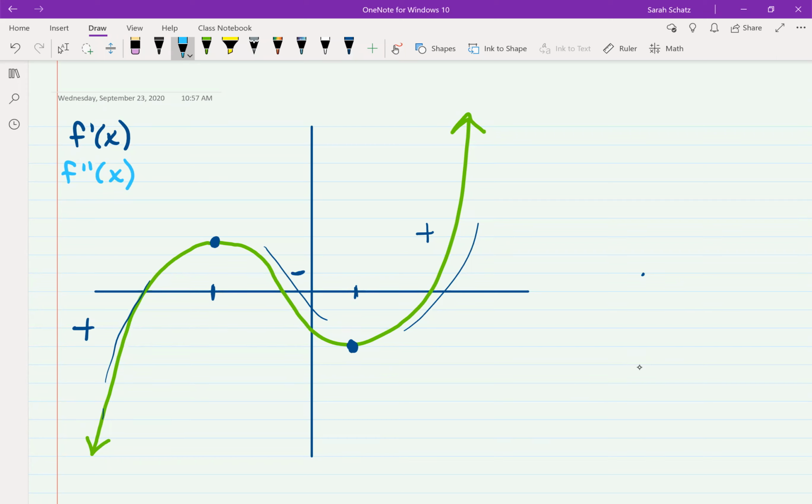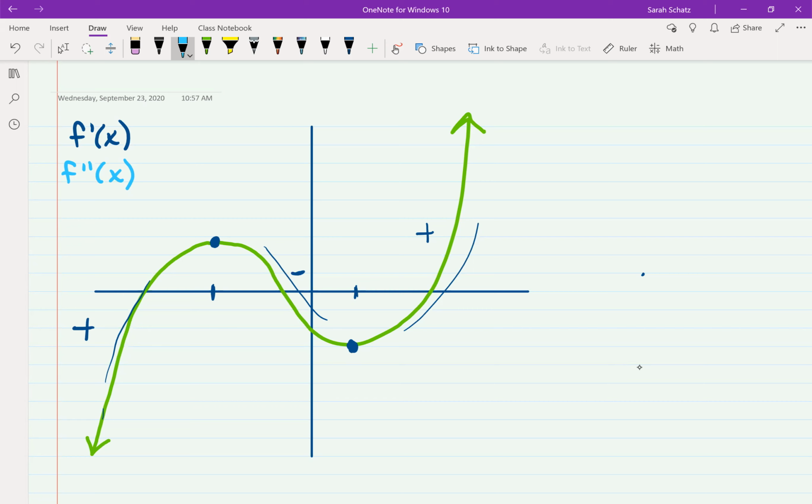The way I like to think about it, the first derivative describes how the function is changing, like, is it going up or down? The second derivative describes how the change is changing, or the change of the change. Any way you want to see it, we're getting more detailed in being able to describe how the function changes with the second derivative.